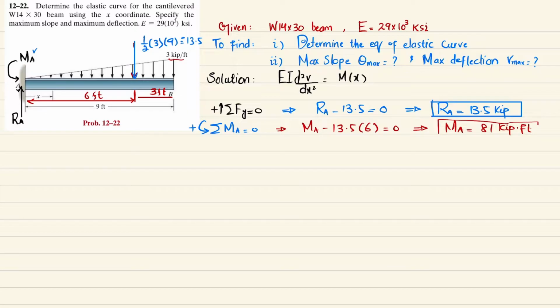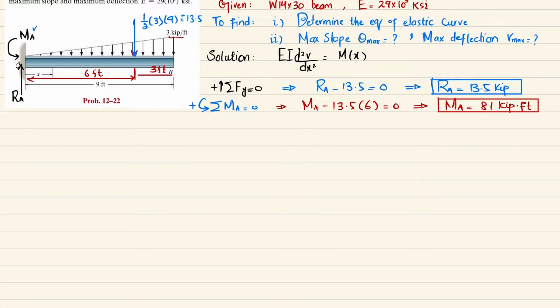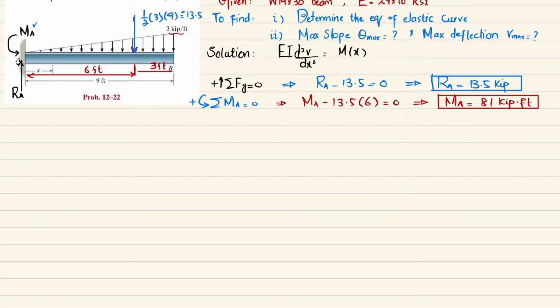Now we have the reaction moment and reaction force at point A. We have been asked to find the equation of the elastic curve in terms of x. So we will cut the beam at any length x, because x starts from here and goes till 9 feet. We will cut the beam at any point and draw the free body diagram.